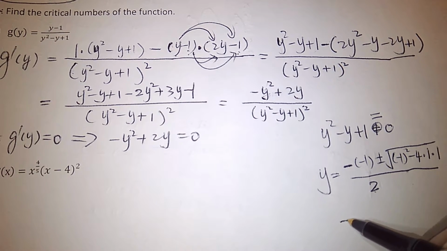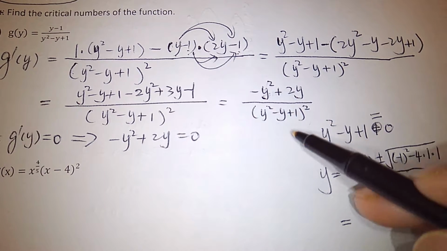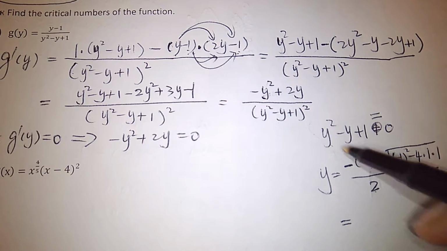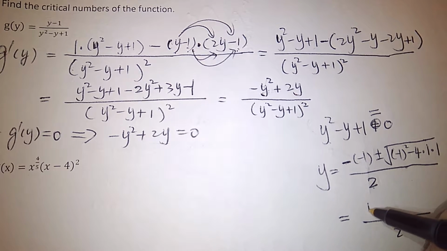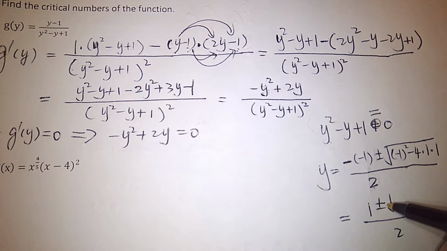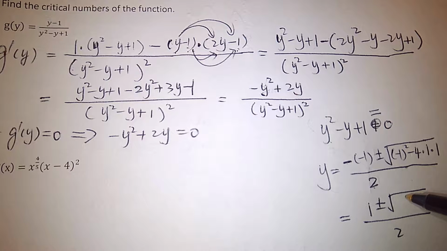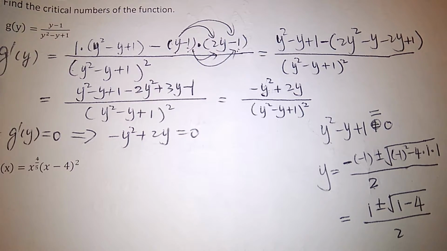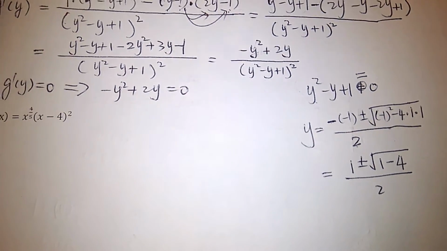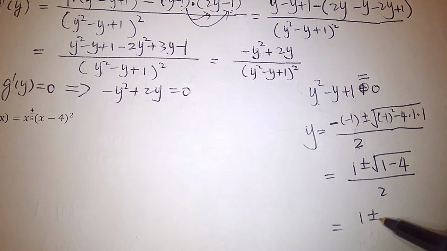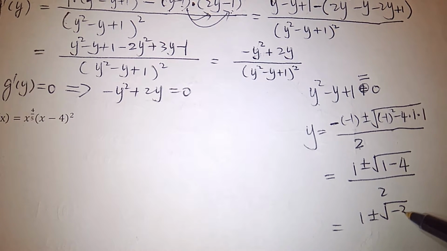So this gives us the y values that make this equation satisfied, right? Negative b becomes positive 1, plus or minus square root of, what's negative 1 squared? 1, minus 4 times 1 times 1 gives us what? 4. Alright. So, 1 plus or minus the square root of what?